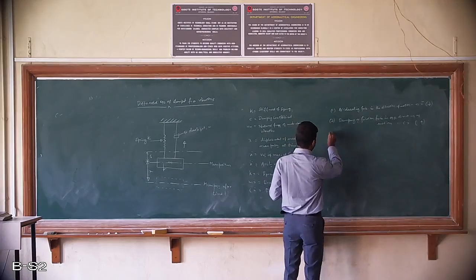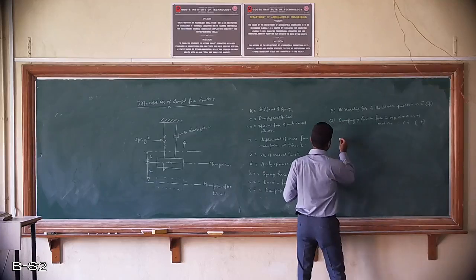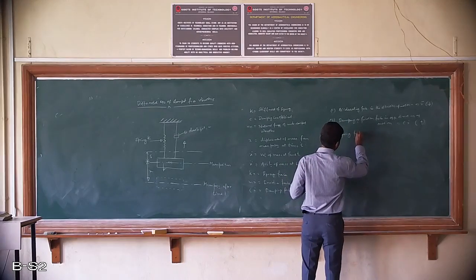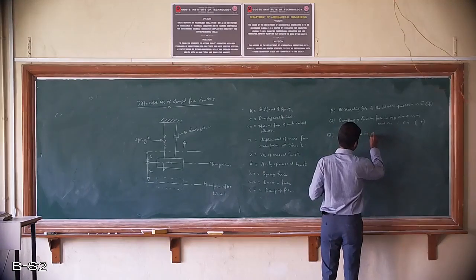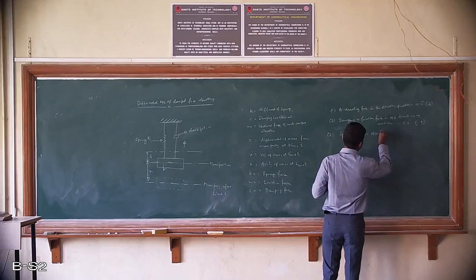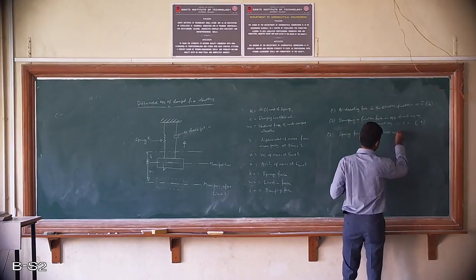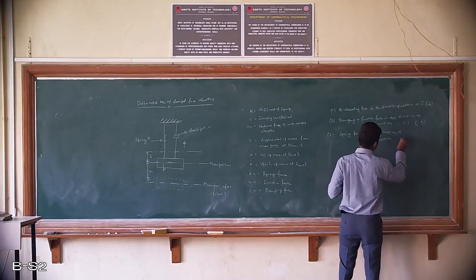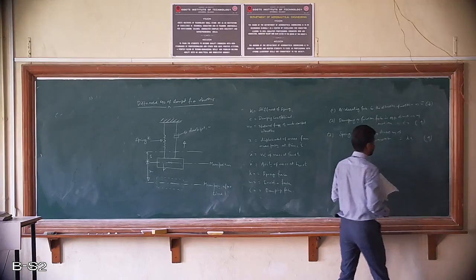And third one is the spring force. Third one is the spring force in the opposite direction of motion, which is given by k into x, which will be in the upward direction.